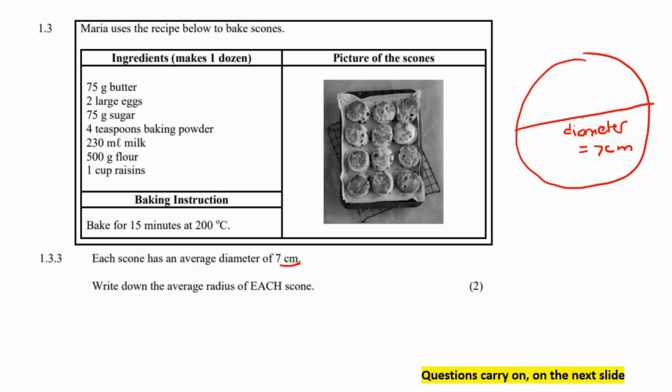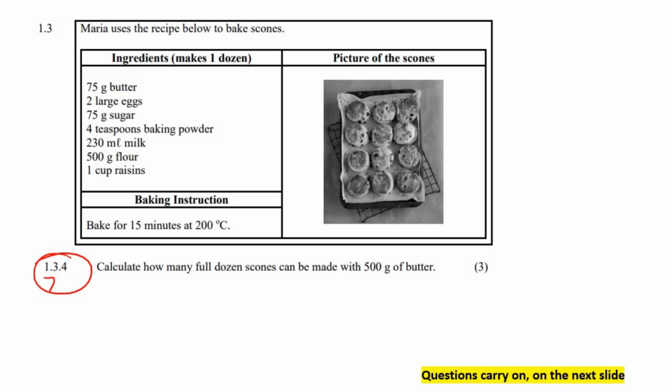The distance from the middle to the side is called the radius, and it's always half of that number, so that is 3.5 centimeters. Here it says, write down the average radius of each scone. Well, that's 7 divided by 2, which is 3.5 centimeters.